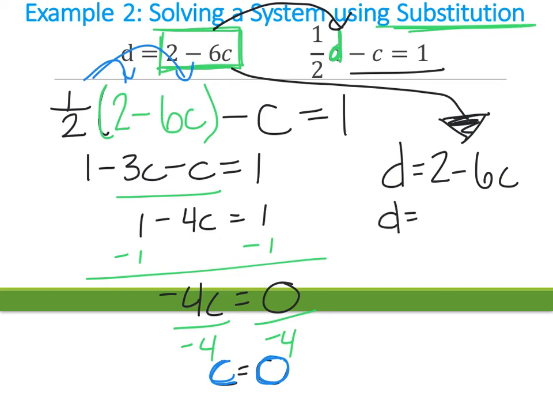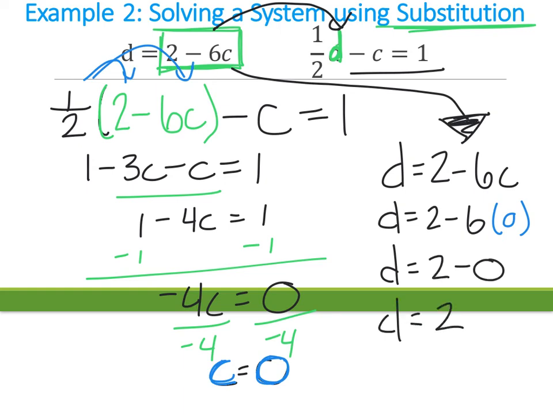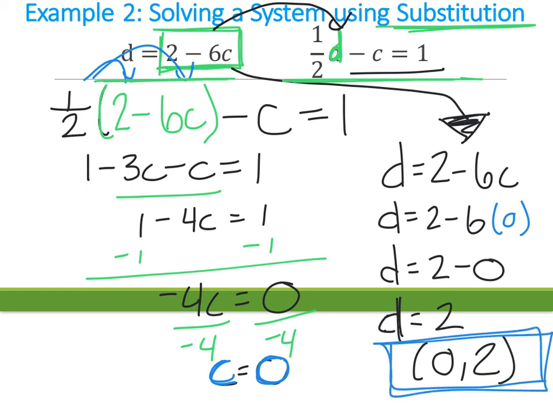So D equals 2 minus 6, and then instead of writing C, like I said, we're writing 0. 6 times 0 is 0, and 2 minus 0 is 2. So the point that these two lines, if I were to graph them, the point they intersect would be the point 0, 2. And that's how you do that problem.